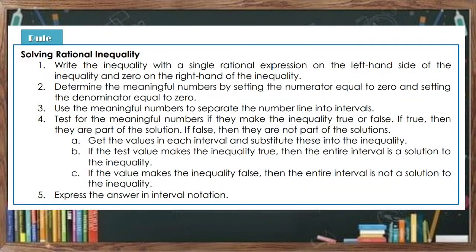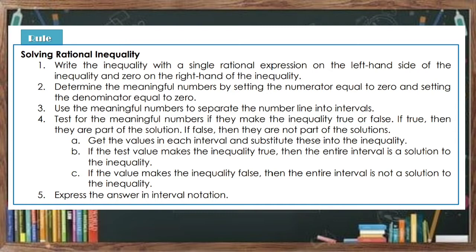Okay, so there are rules we need to follow in solving rational inequalities. So, step 1, write the inequality with a single rational expression on the left-hand side of the inequality and 0 on the right-hand side of the inequality. Step 2, determine the meaningful numbers by setting the numerator equal to 0 and setting the denominator equal to 0.